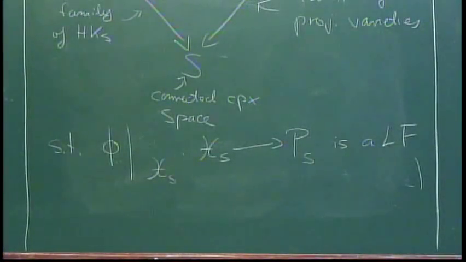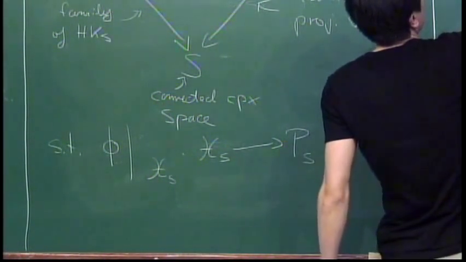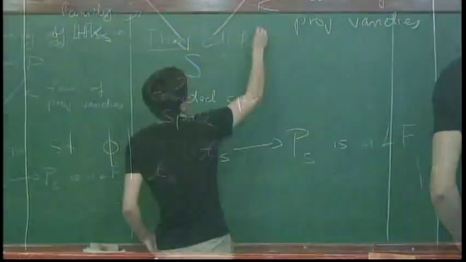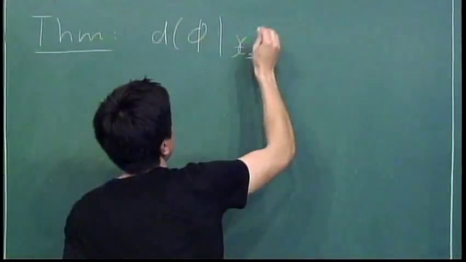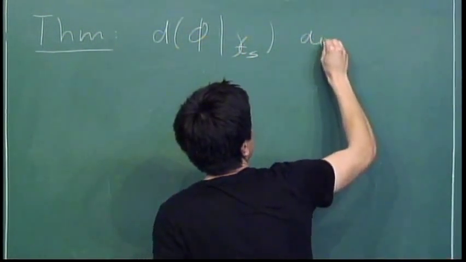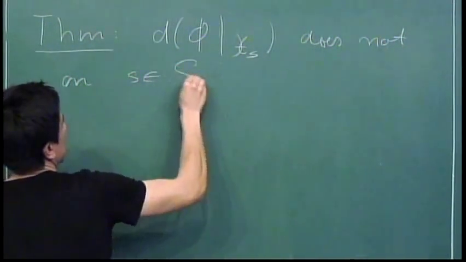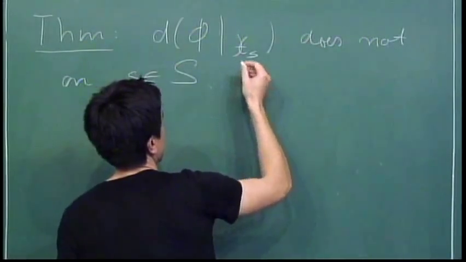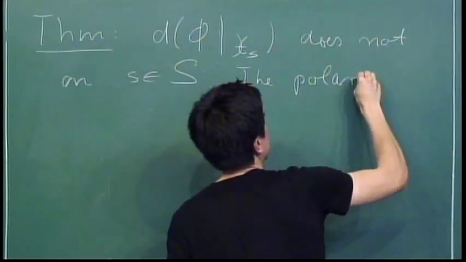And then, with a similar proof to what I've just explained, you can see the following: the polarization type of the Lagrangian fibration of phi restricted to the hyperkähler X_S does not depend on S in big S. So the polarization type is a deformation invariant of the Lagrangian fibration.